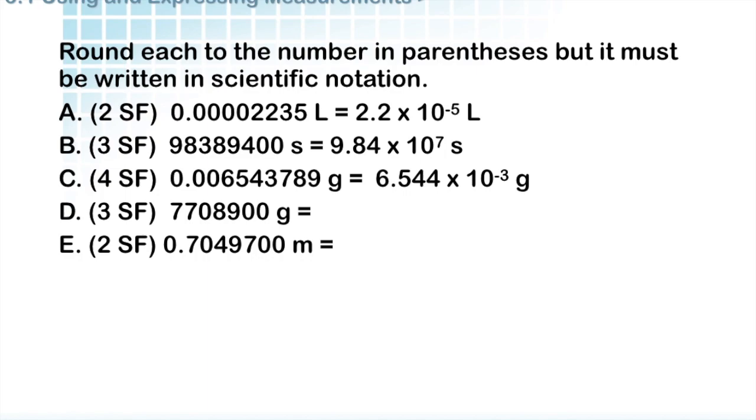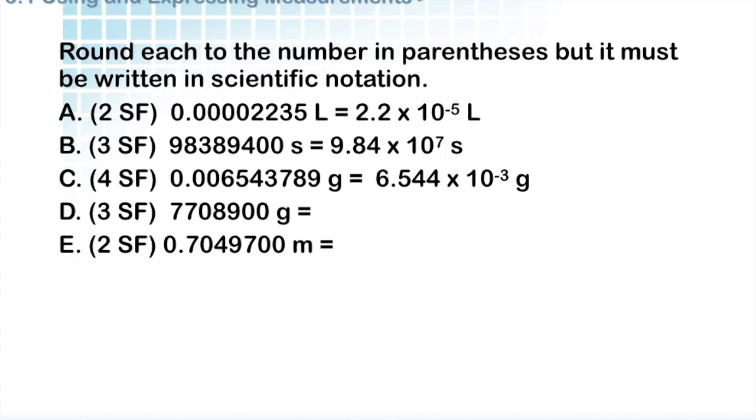Now the next one, I want 3 significant digits. 3 sig figs, as we used to say. So I go 7708900. Well, I want it in scientific notation, so I start at the 7, the next is a 7, the next is a 0. So there's my 3, 770, right? No, because that digit 8 is going to make that 0 become a 1.